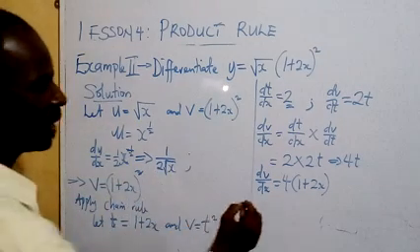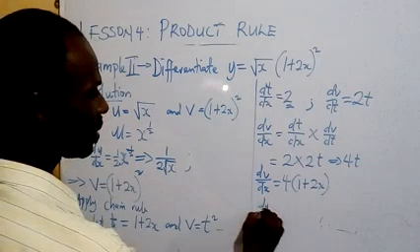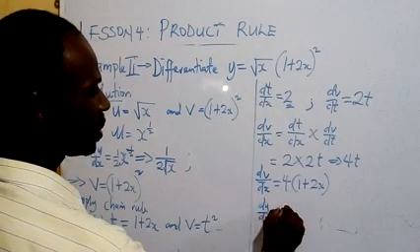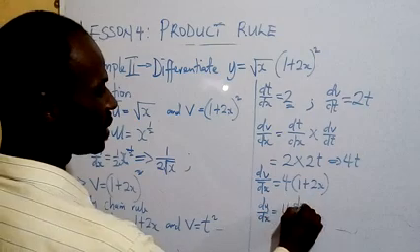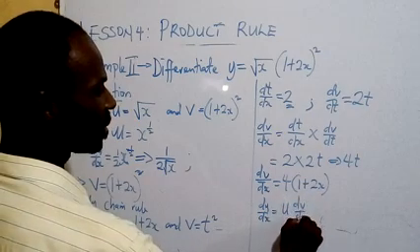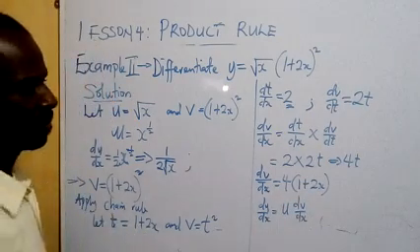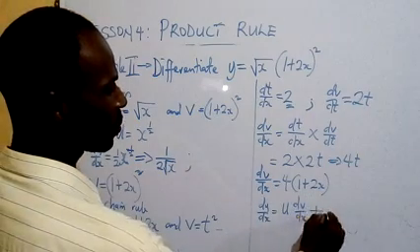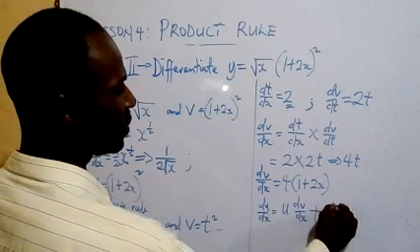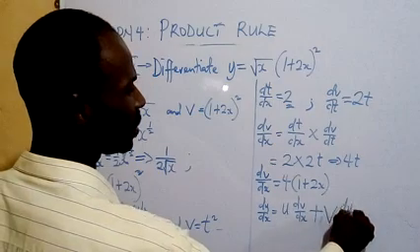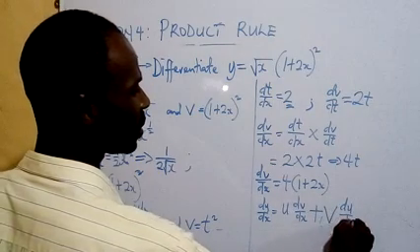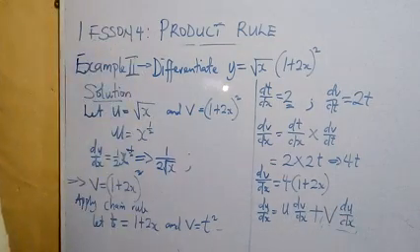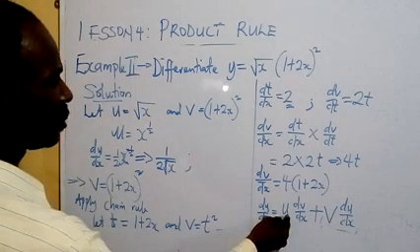Our dy/dx, which is u dv/dx plus v du/dx. Now we are going to apply this. What is our u?